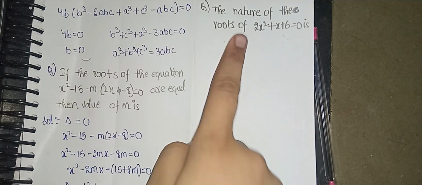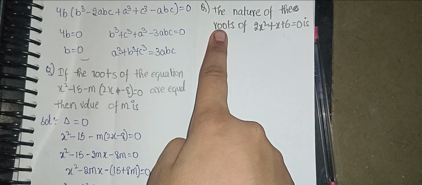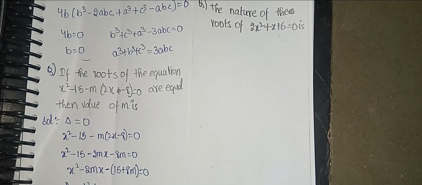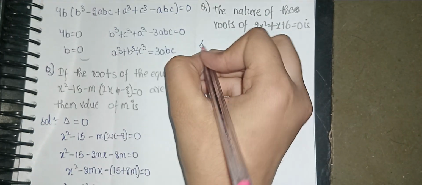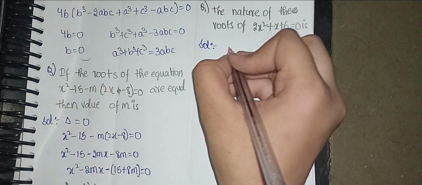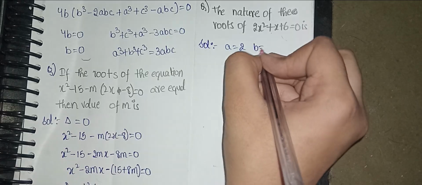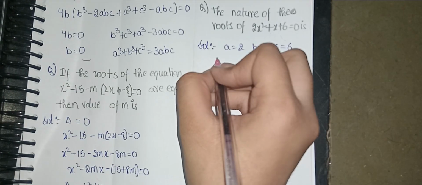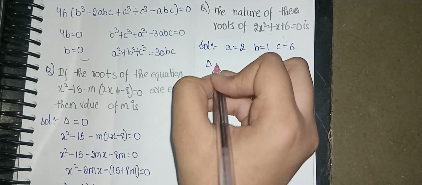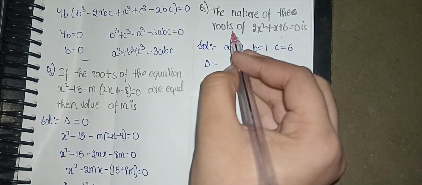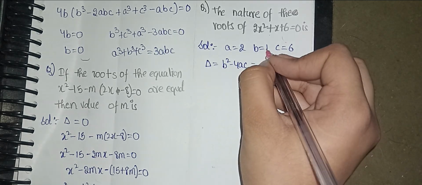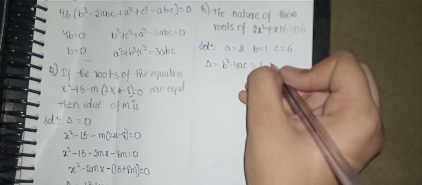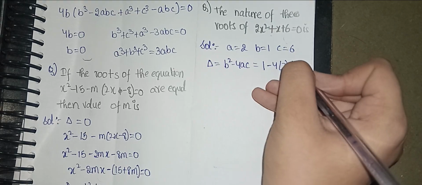Here is the next question. You have to find the nature of the roots. Now pause the video and just try to solve this question. Okay, now I'll tell you the solution. Here a is 2, b is 1, c is 6. We have to find the nature of the roots. What is delta? B square minus 4ac. What is b? 1. 1 square is 1 minus 4 into 2 into 6.